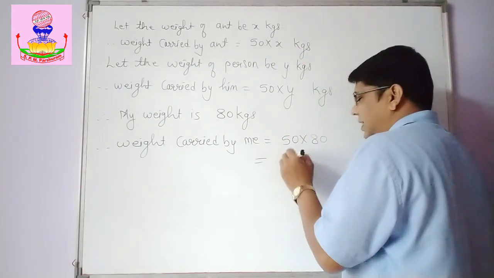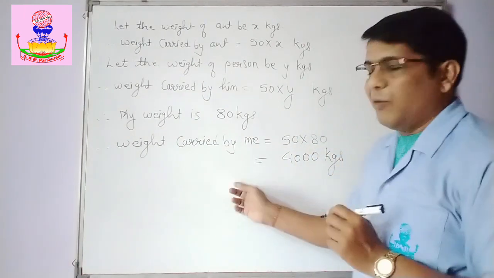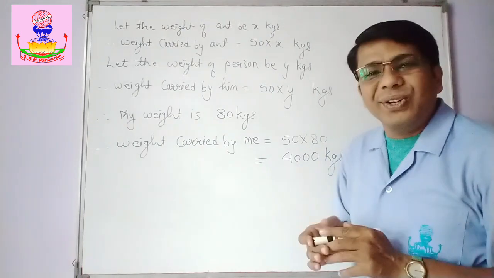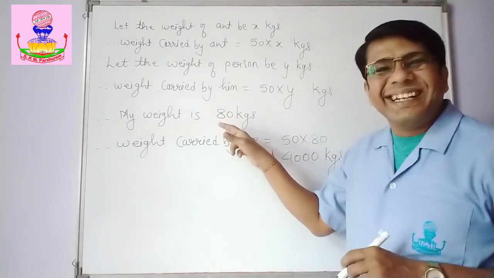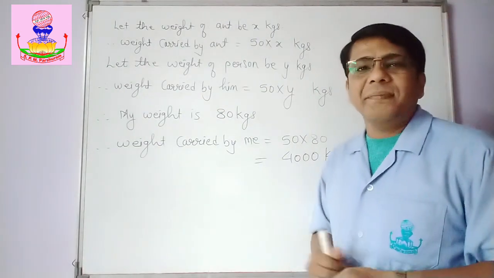So 8 5s are 40 and 2 zeros, so 4000 kgs. Same way, dear students, you put your weight here and see how much weight you can carry. Do you understand?